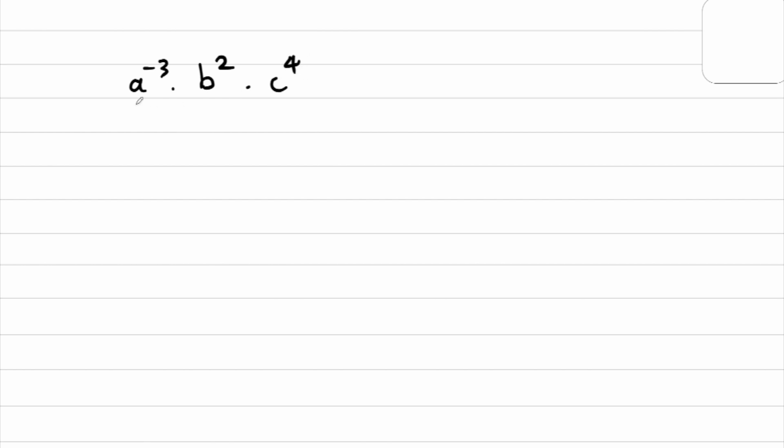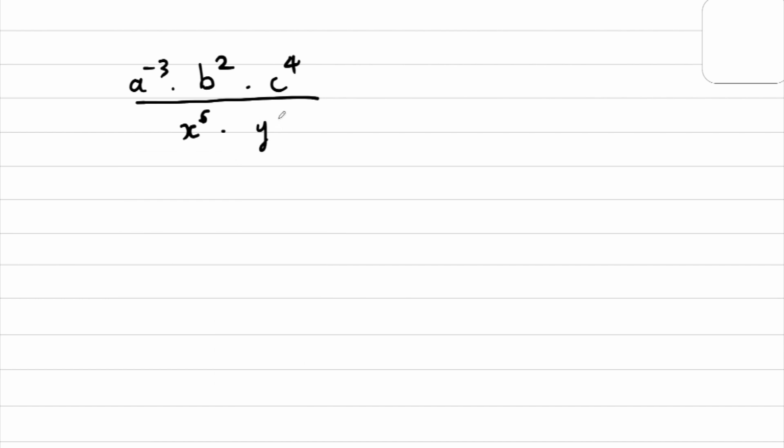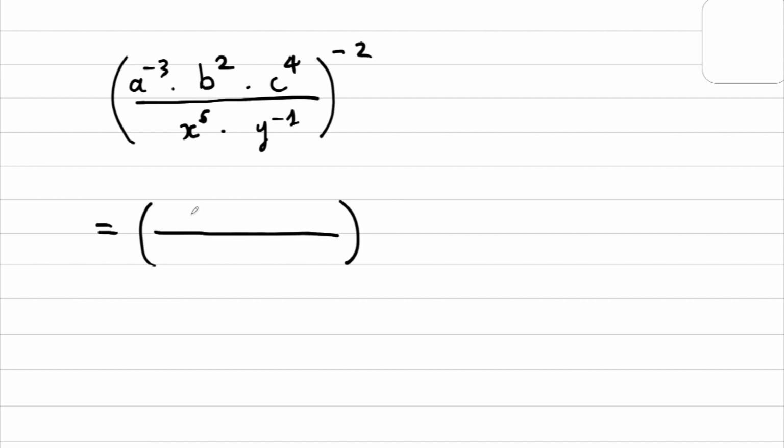C to the power 4 here, and you got h^6, and you got y to the power of minus 1, and the outside you will get minus 2. So step by step. The first step you should understand is to change position from the numerator to the denominator and inverse. So change position, take the reciprocal, h^6 y to the power of minus 1.